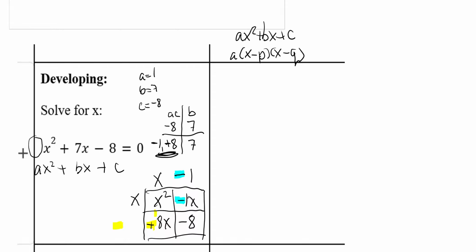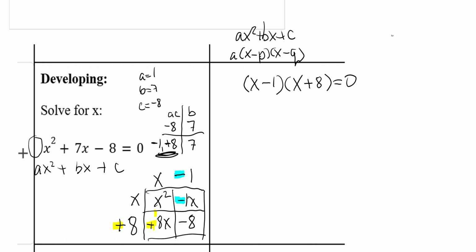And then down here, 8 and -8 have an 8 in common, so this is going to be plus 8. And so my factors are x minus 1 times x plus 8, and this is equal to 0.